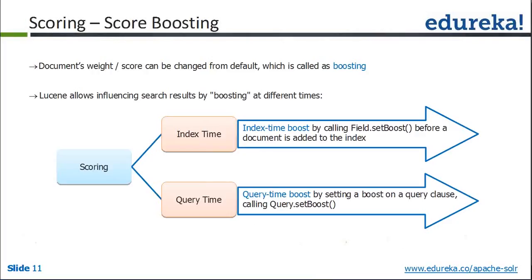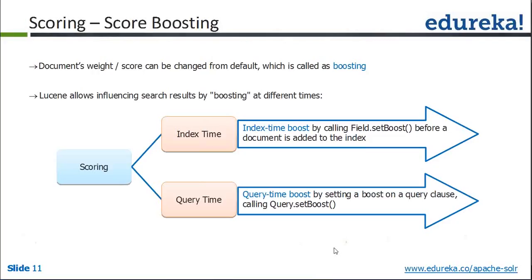However, at the time of query as well, you can set the boost. The strategy remains the same: we check the words or terms which occur in that query, and that is what boosts the search results.